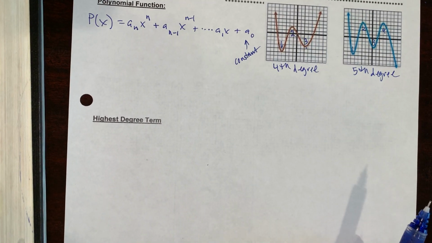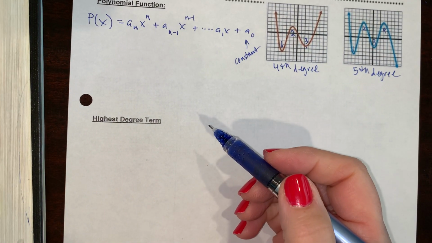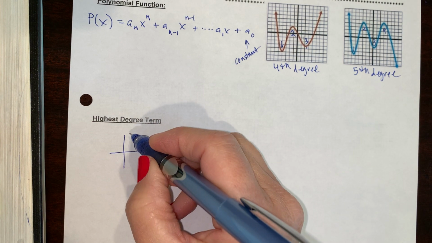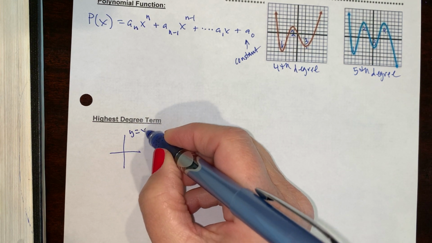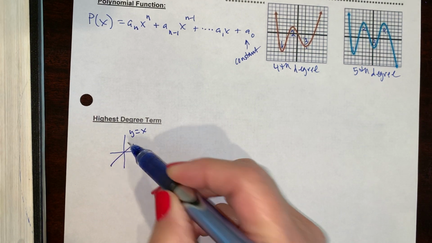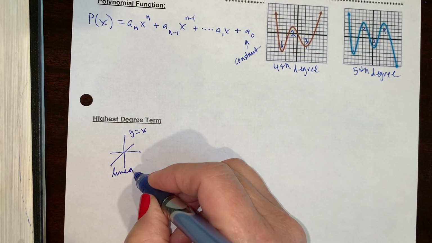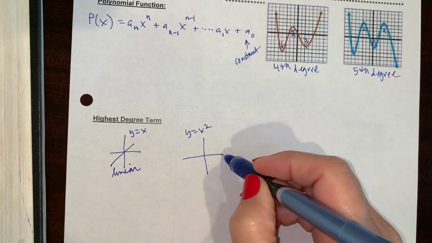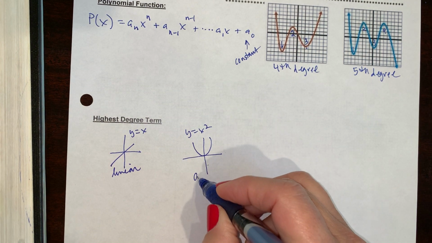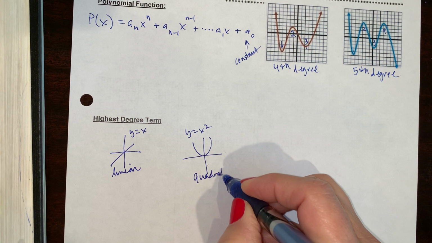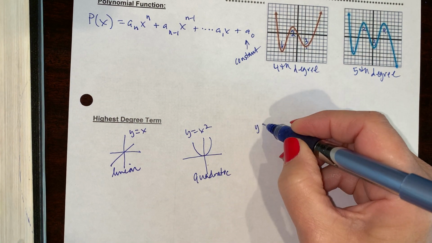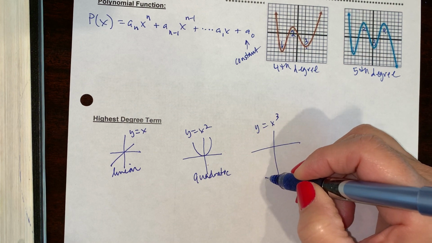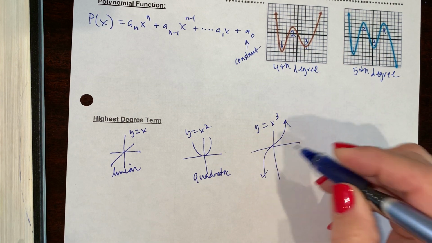So what I think helps is to have some basic pictures memorized. I'm just going to write y equals x, which is linear, and y equals x squared is some sort of quadratic. Y equals x to the 3rd is some sort of cubic.